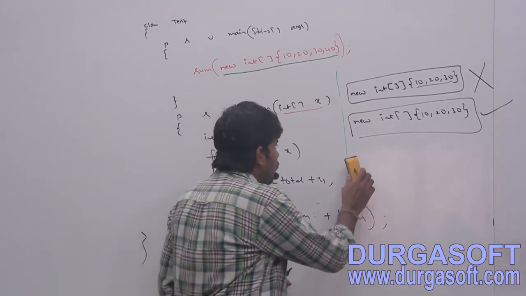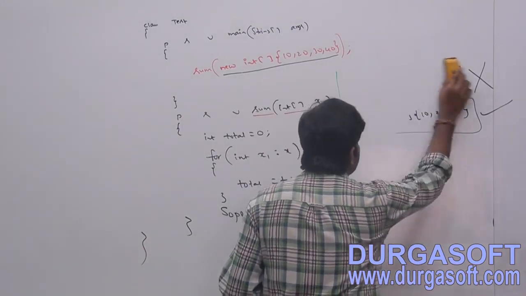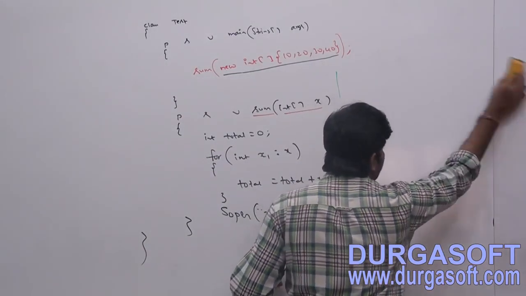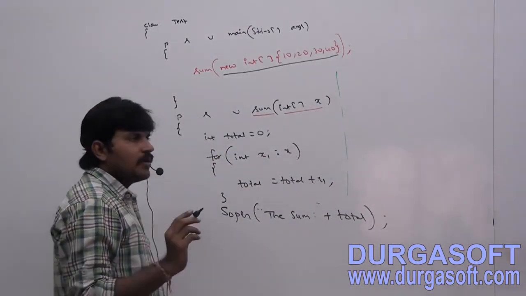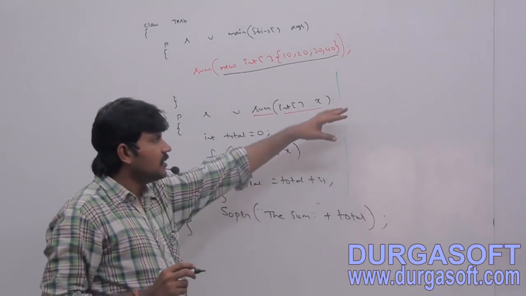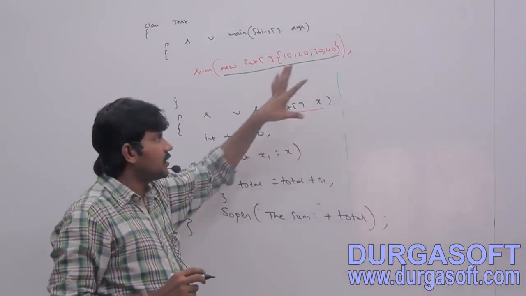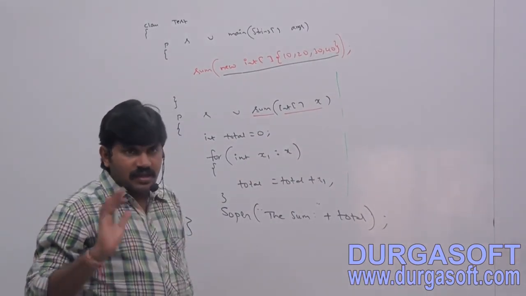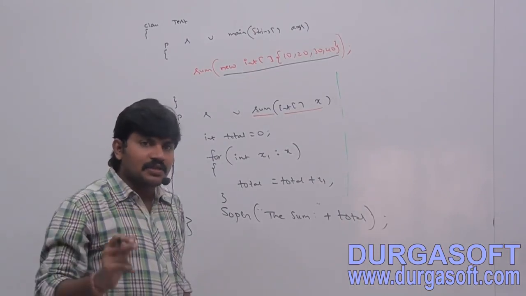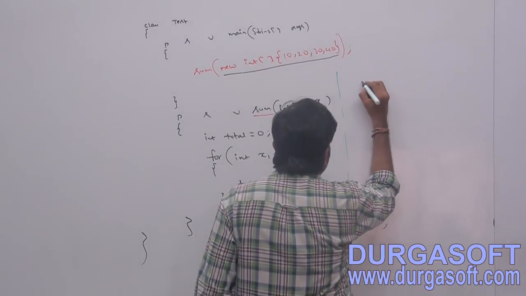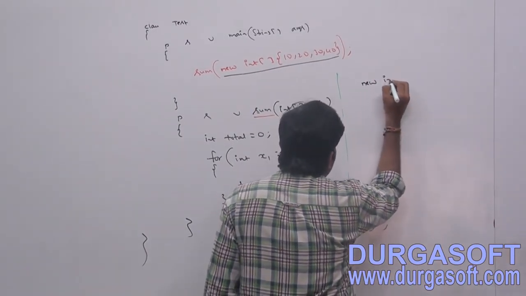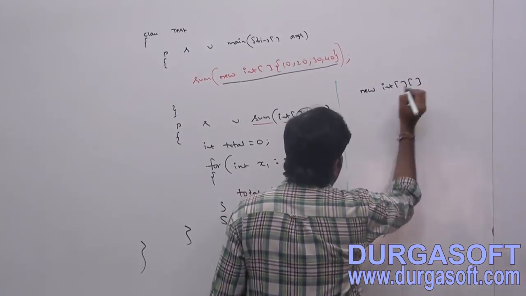Okay. Now next one. This is one possibility we have. Sir, we can apply this technique, I mean anonymous arrays, for multi-dimensional arrays also. We can create multi-dimensional anonymous arrays also. What is the option? Observe.